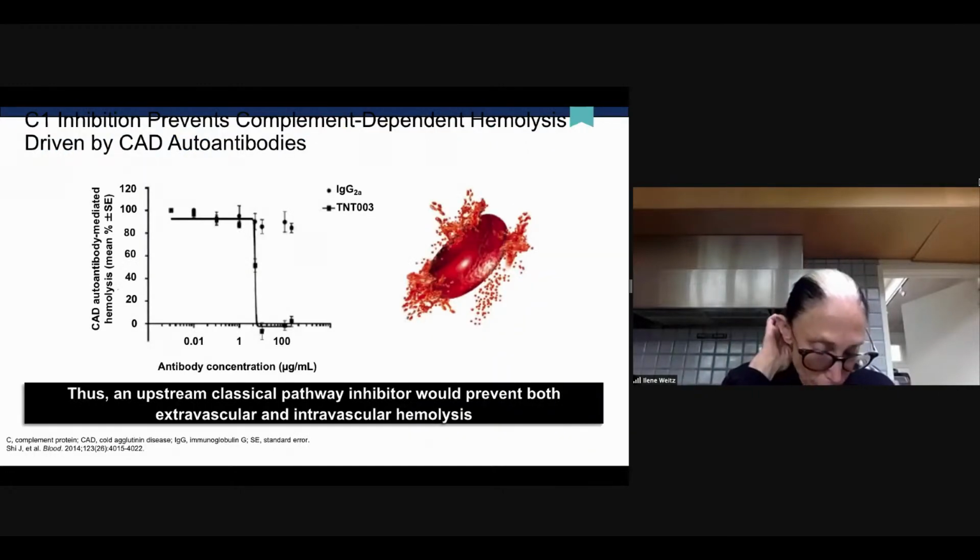So people looked, early on, at C1s inhibition to see whether or not it could block hemolysis in cold agglutinin disease. And indeed, in this very preliminary study, using the precursor of sutimlimab, you could see that hemolysis was ablated basically by using this drug.